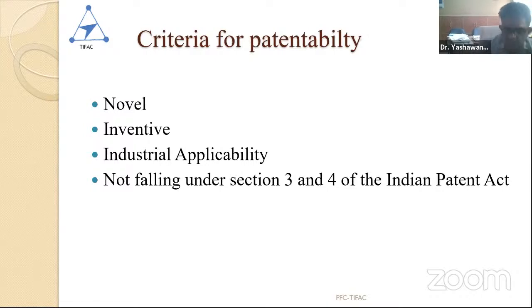So that is how you should do your homework as a scientist before going to IPSL or a patent attorney to protect your invention.